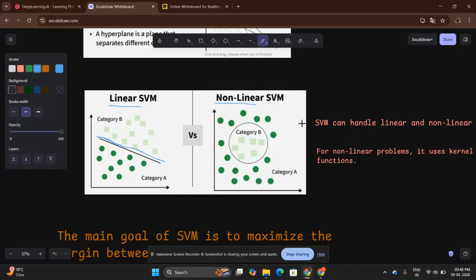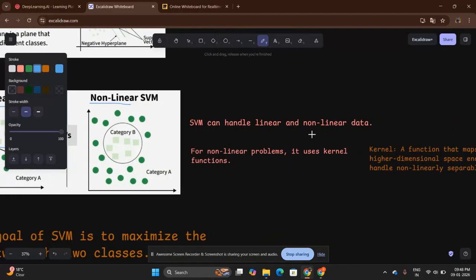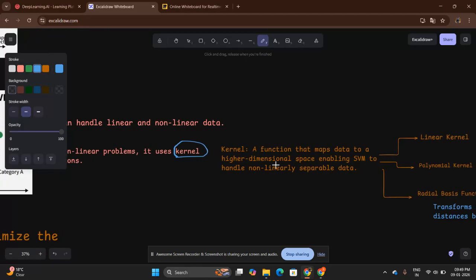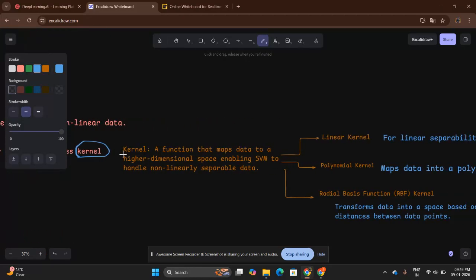For classifying two different classes in non-linear data points, we use kernels. How the kernel functions are going to be used for classifying two different categories, let's see over here. What is a kernel actually? The function that maps data to a higher dimensional space, enabling support vector machine to handle non-linear separable data.